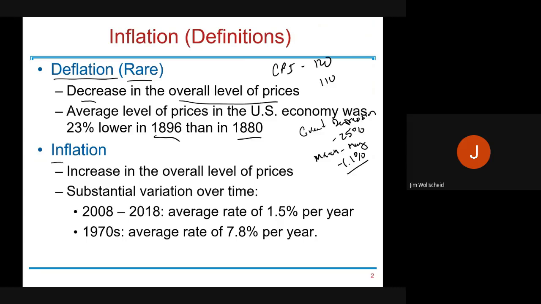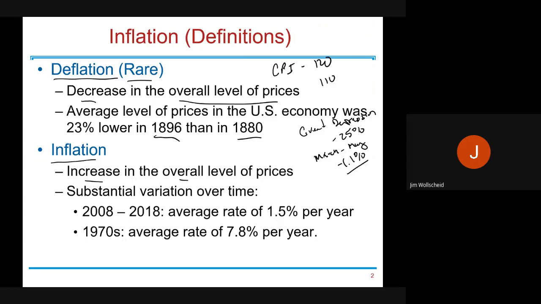What we are more likely to see in the US economy and in most economies is inflation, and that is an increase in the overall price level. We have seen substantial variation over time. Depending on when you look at US history, inflation is entirely different.